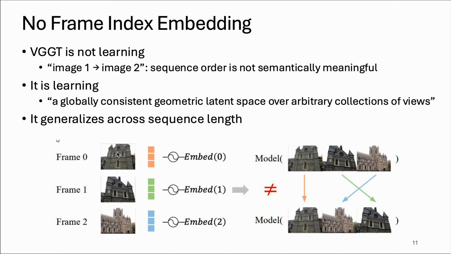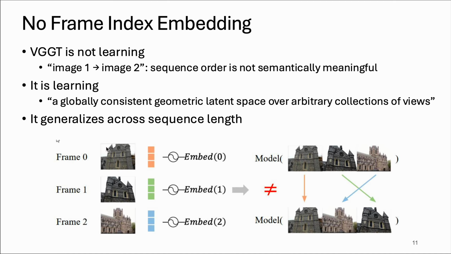It's not like when we turn an image into patches and turn it into image tokens, we sometimes append positional embedding, because the first patch and the second patch have semantic meaning.